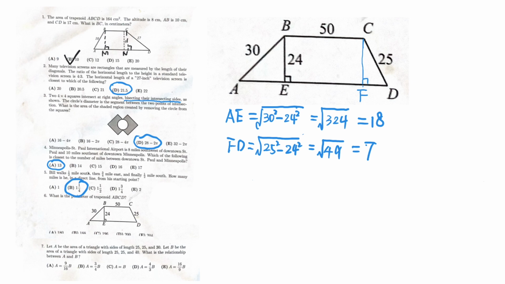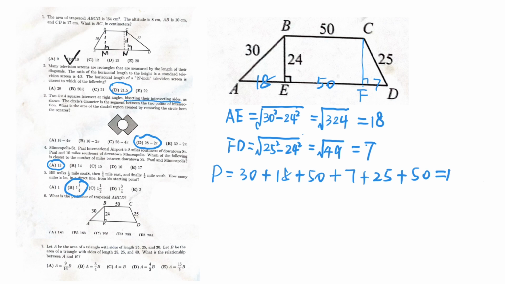And then the perimeter equals 30 plus 18 plus 50, EF is 50, plus 7. 19 plus 25 plus 50 equal to the total 180. So the answer is A.